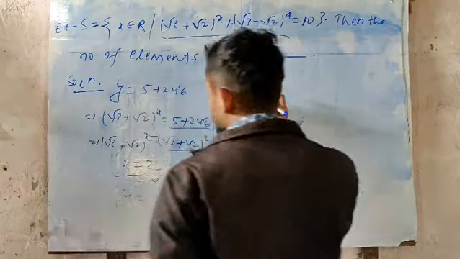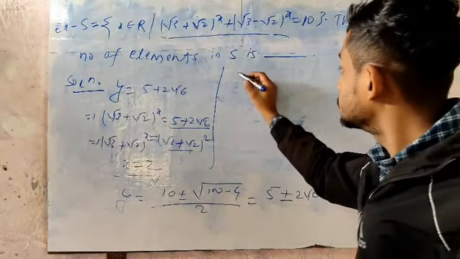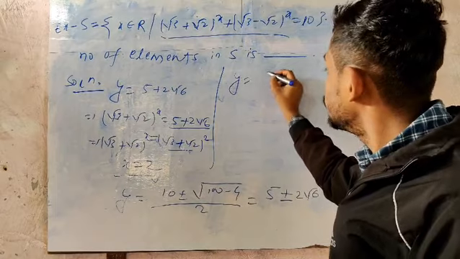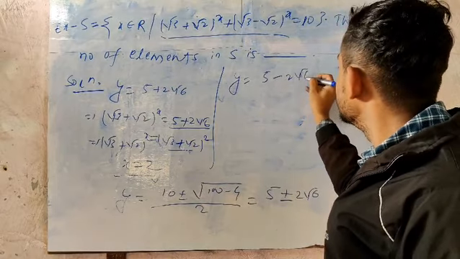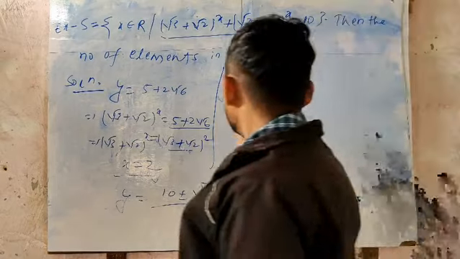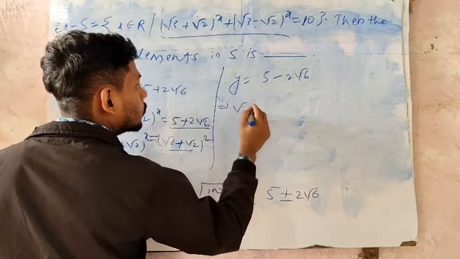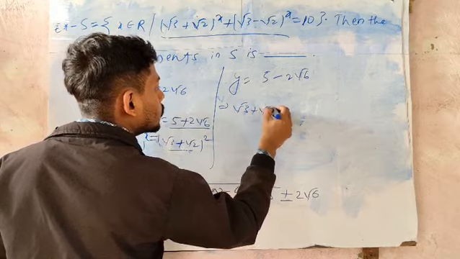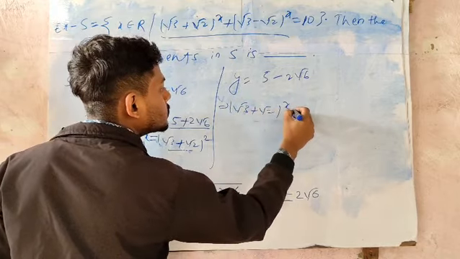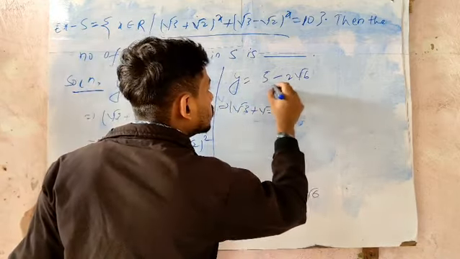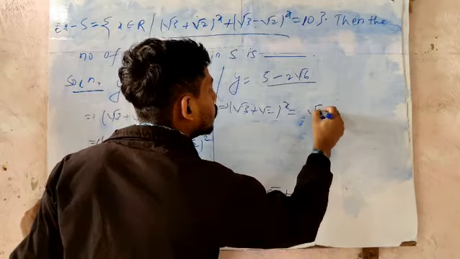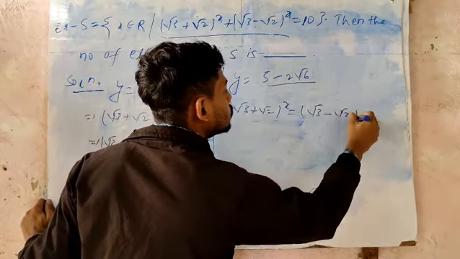Now we will take another value of y, 5 minus 2 root 6. We can see that here y is root 3 plus root 2 to the power x, equal to this, which is the square of root 3 minus root 2.